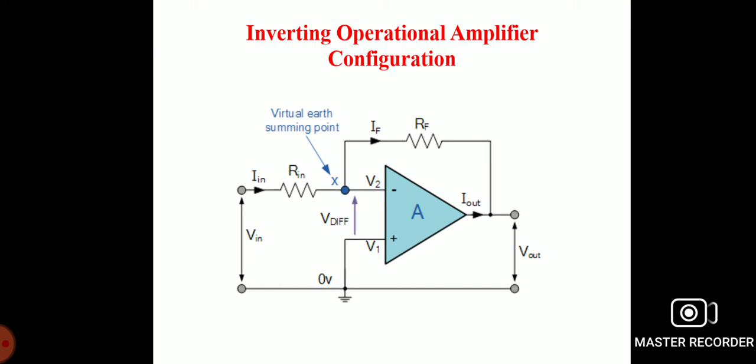So the virtual earth node makes the input resistance of the operational amplifier equal to the value of the input resistor. The closed loop gain of an inverting amplifier can be set by the ratio of the two external resistances.